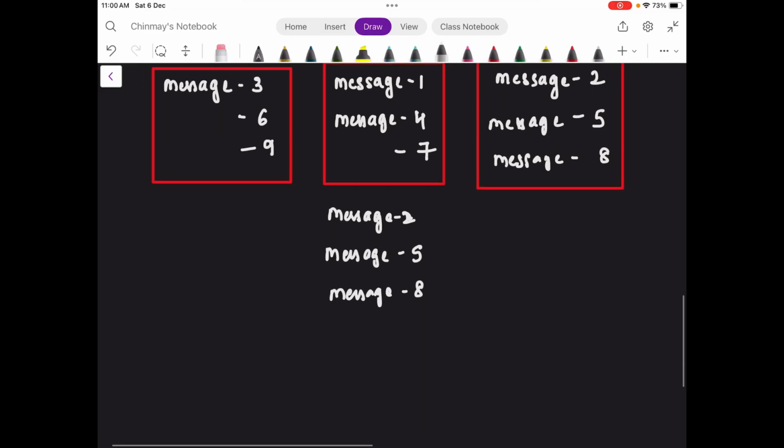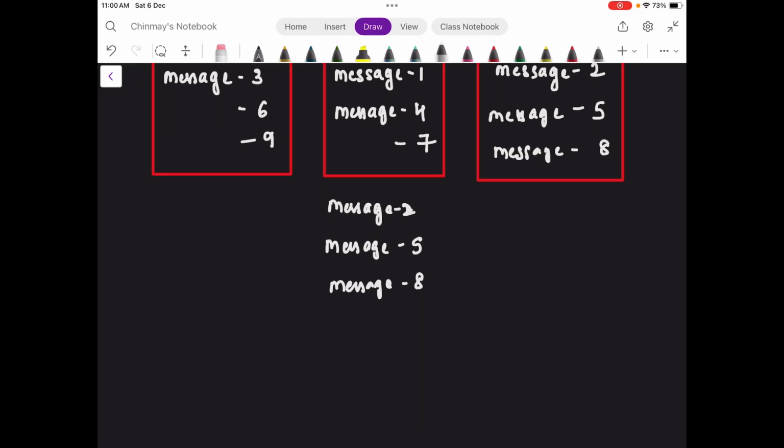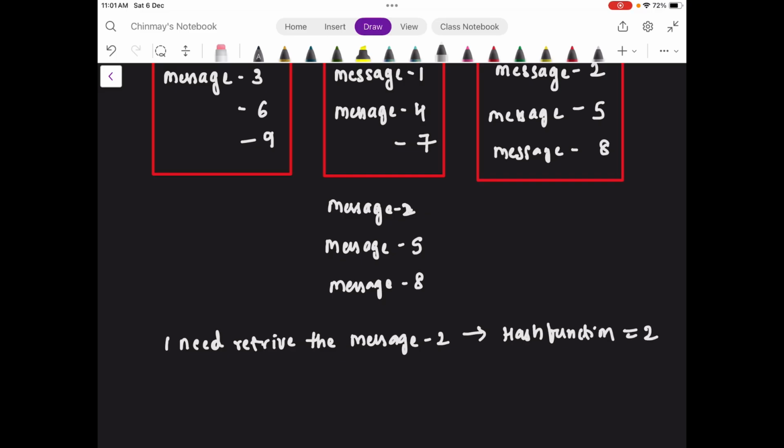For example, I need to retrieve message 2. I perform the hash function and its value is 2. 2 modulus the total number of nodes, 3, gives the value 2.